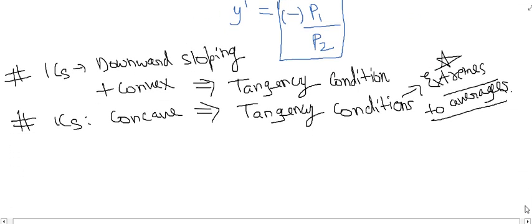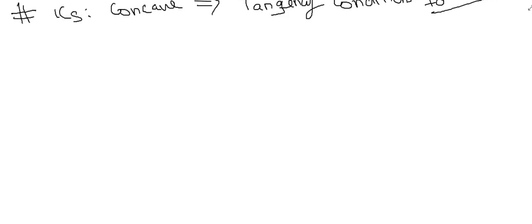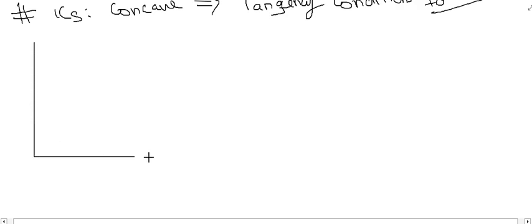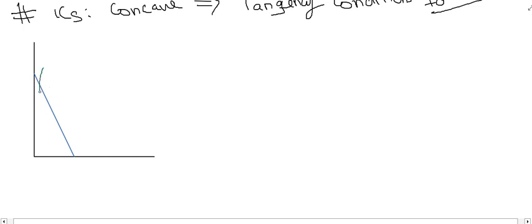Now let us move to the optimal choice in Cobb-Douglas utility. First study it a little intuitively. Let's draw a budget line. Let's suppose this is the budget line and we have an IC. This is cutting the budget line at 2 points.